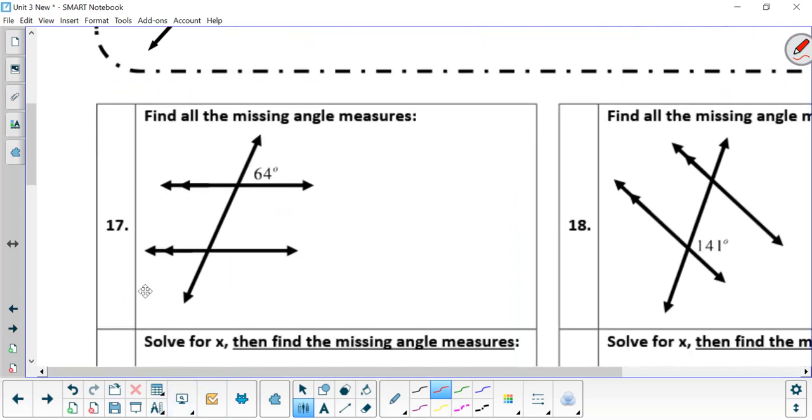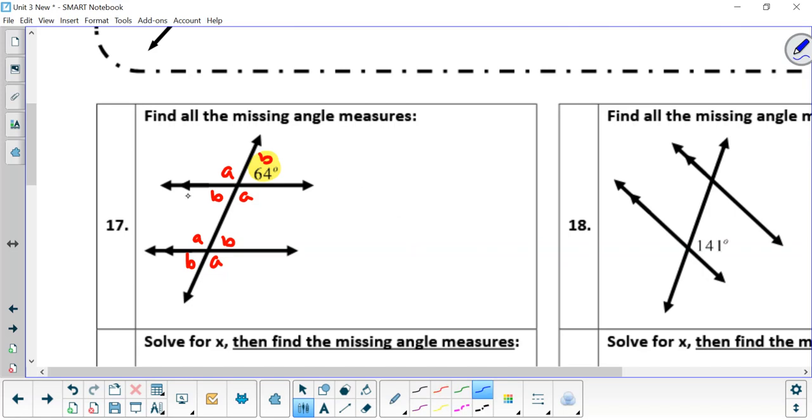So if we're starting with number 17, see my two lines cut by a diagonal, so I'm going to label A, B, A, B, A, B, A, B. Here I notice that my B is equal to 64.